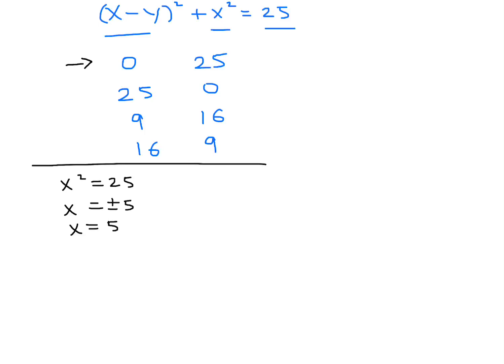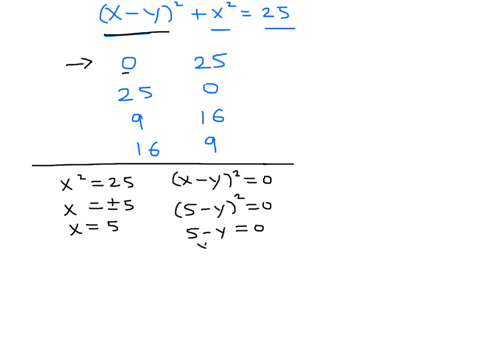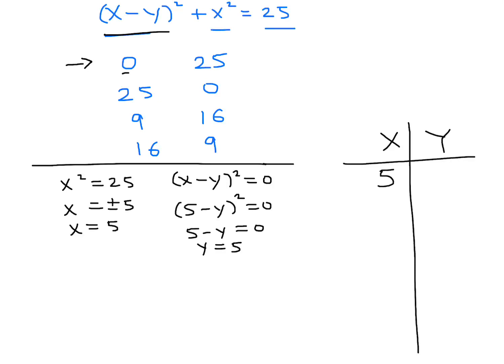If you plug that back into this part of the equation, you get (x minus y) squared is equal to 0. (5 minus y) squared is equal to 0. 5 minus y is 0, therefore y is equal to 5. So we'll make a little table here, x and y. So this first one gives us x is 5 and y is 5. So we're done with this one.